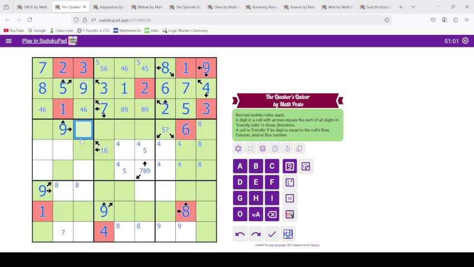Might be worth noting. Five is one of these 3 cells. Because wherever 5 goes in this box has to be friendly. 4 is one of those 4 cells for the same reason.